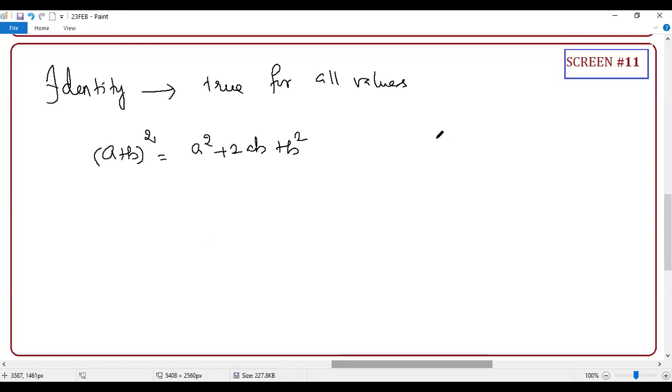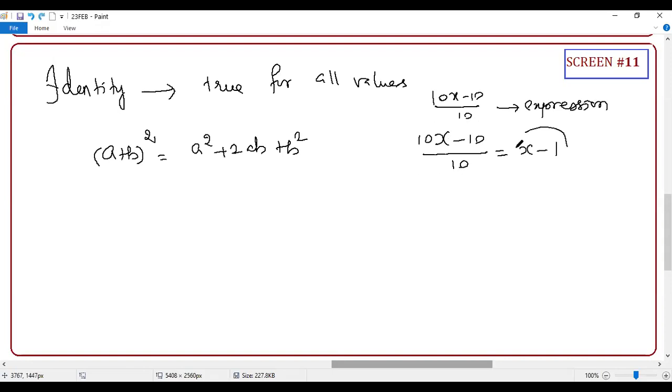Guys, if I say 10x minus 10 by 10, which is equal to what? X minus 1. So 10x minus 10 by 10 is called an expression. One expression equated to another expression, and it's true for any value of x.